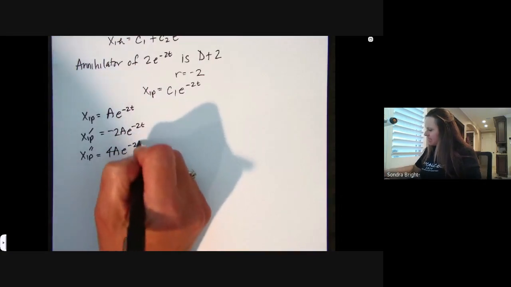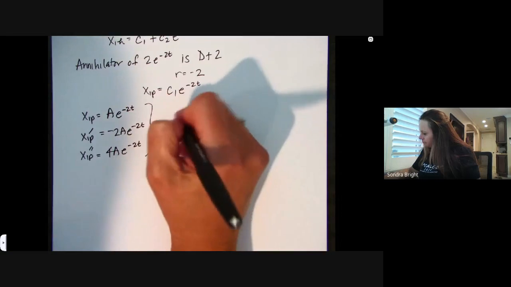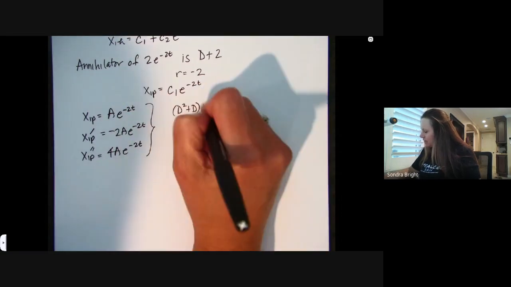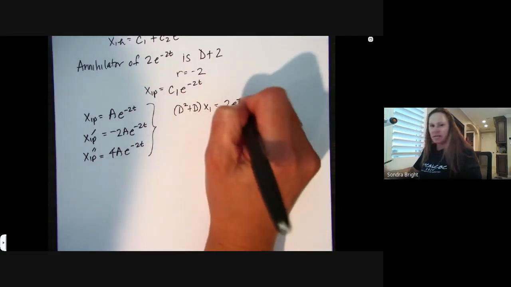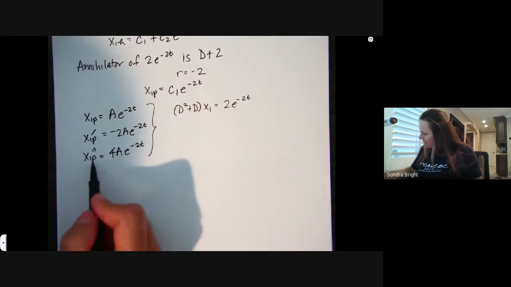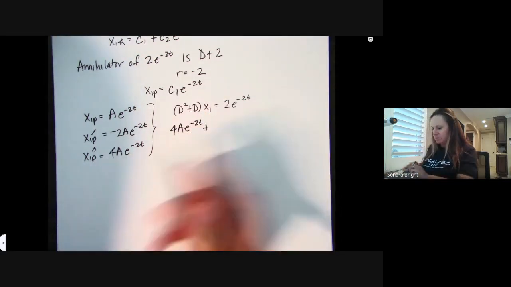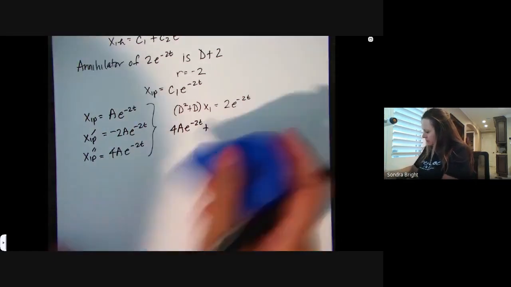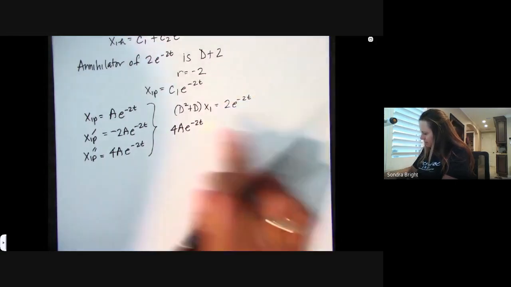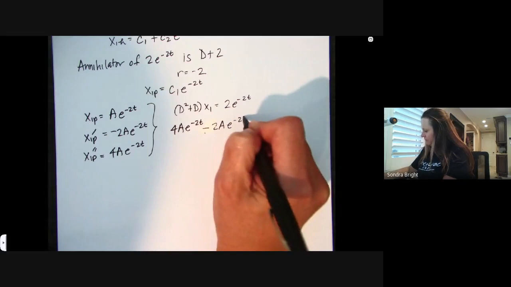So we're going to take these and plug them into (D squared plus D) operating on x1 equals 2e to the negative 2t. Now, the second derivative is 4A e to the negative 2t. The first derivative has a minus sign, so it's a minus 2A e to the negative 2t.